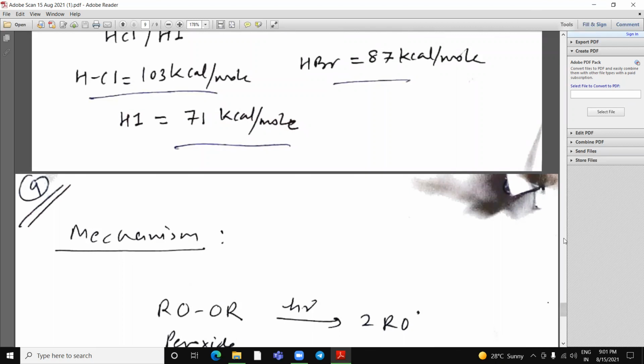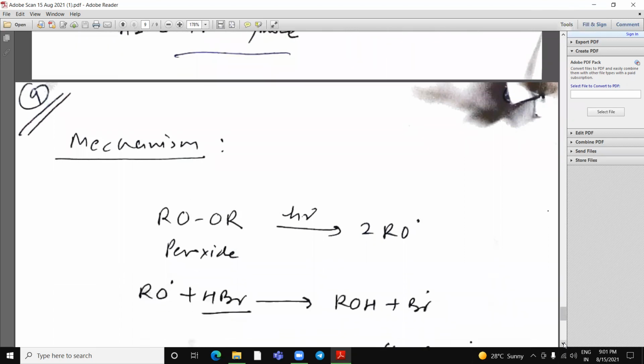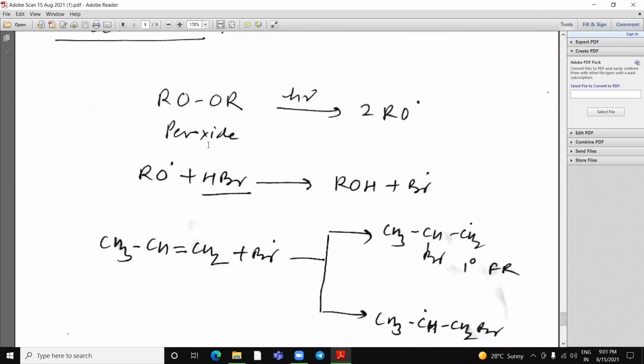It does not have that much energy that it can cleave the hydrogen chloride bond. And it is also not useful with HI because it requires less energy, but the reaction will be reversible. So only peroxide effect is possible with the HBr only.